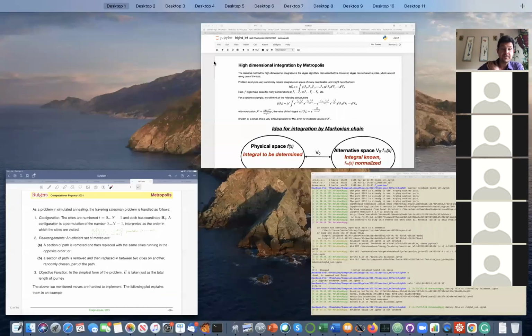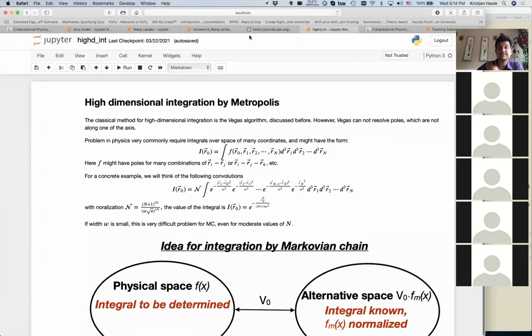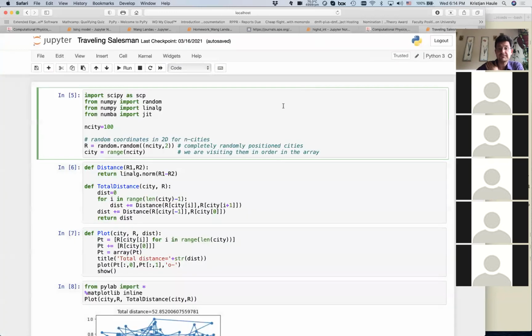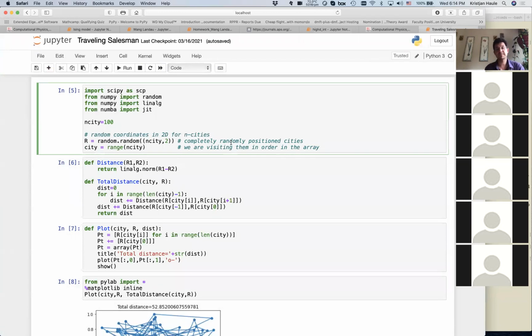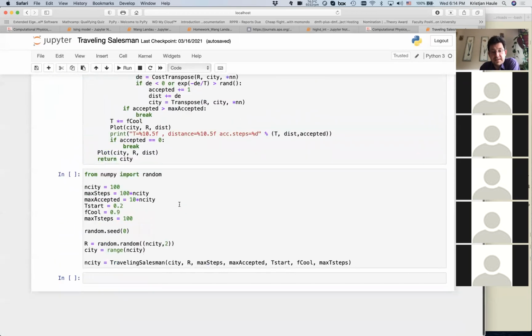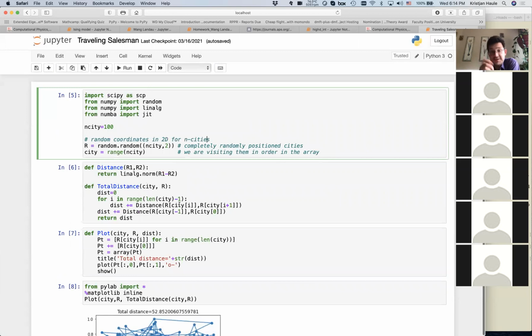Now, I prepared an implementation of this for the Traveling Salesman problem. This Traveling Salesman problem is available in either GitHub or online on our webpage. And I'm gonna try to go through this implementation quickly, and whatever we don't finish today, we can finish next time, since we have one more, which is good.